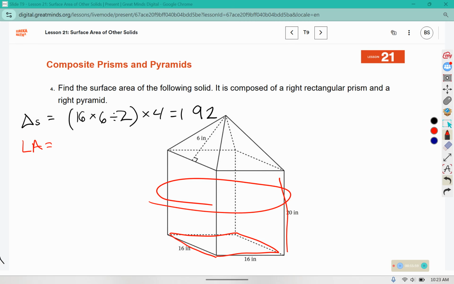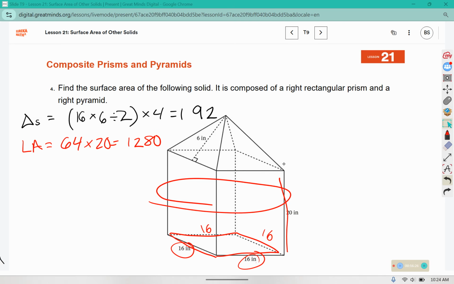So the perimeter of the base is going to be 16 plus 16 plus 16 plus 16, or you can just do 16 times 4, and that's 64. And then the height of the prism is 20. So 64 times 20 is 1,280.